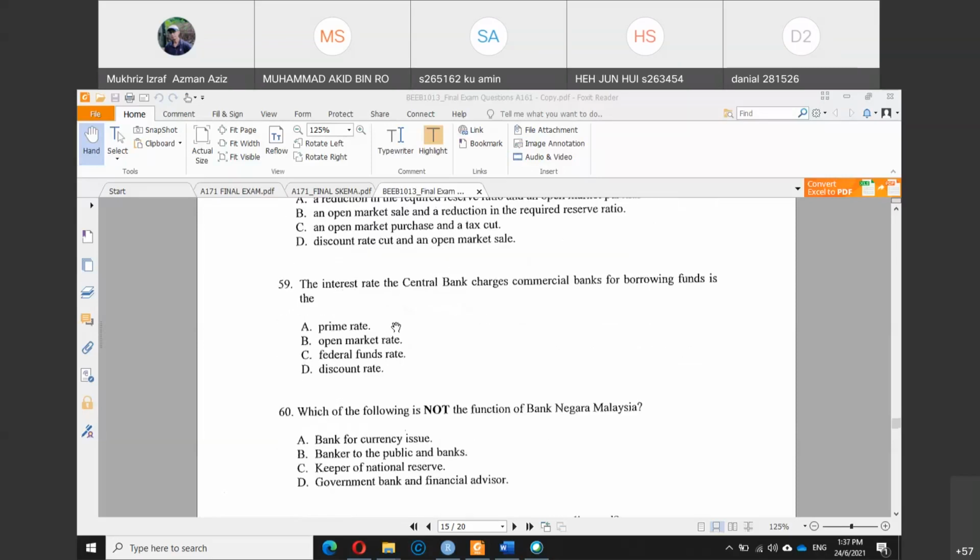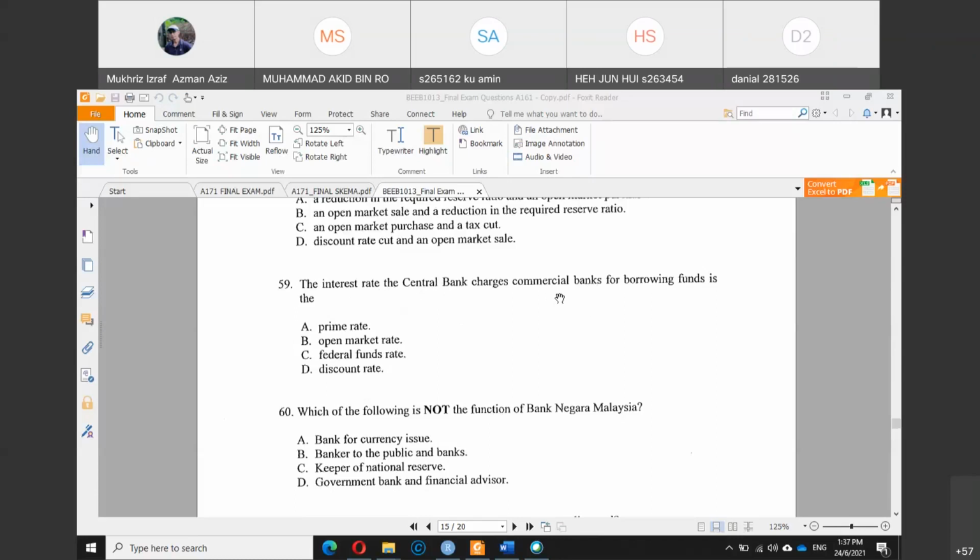Question 59, the interest rate the central bank charges the commercial bank. So the central bank, the Bank Negara of Malaysia, charges the commercial bank. We know that a commercial bank can also borrow money from the central bank.